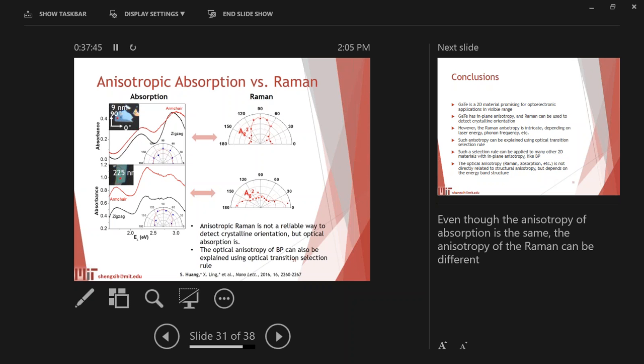So this tells us that if we want to determine the crystalline orientation of BP, the best way is to use optical absorption, because the maximum optical absorption always occurs for armchair direction. And all these phenomena can also be explained using the optical transition selection rule I have explained before.